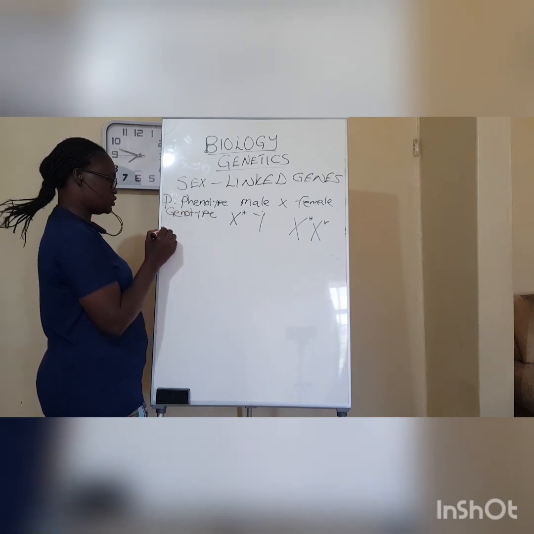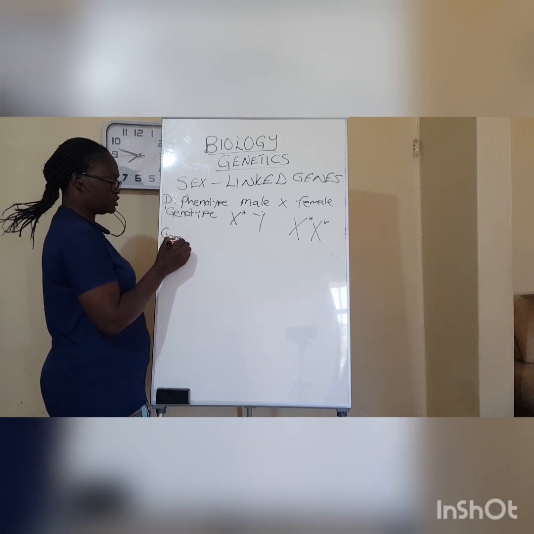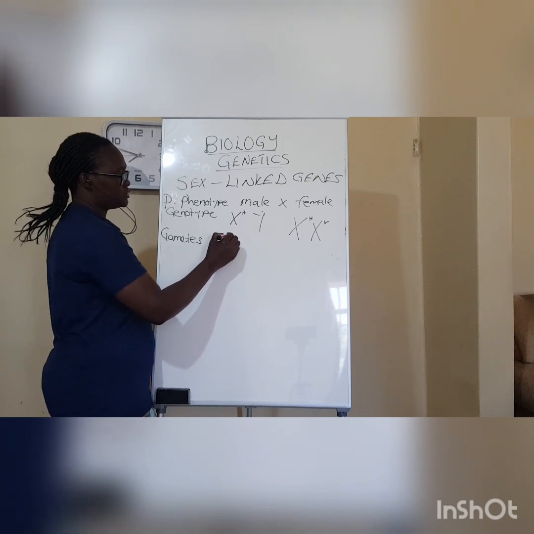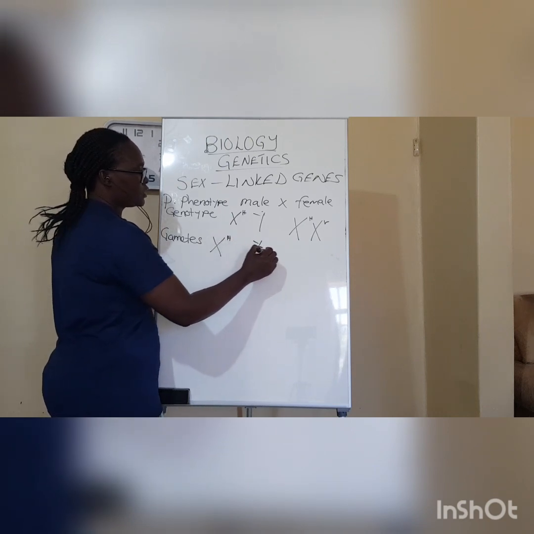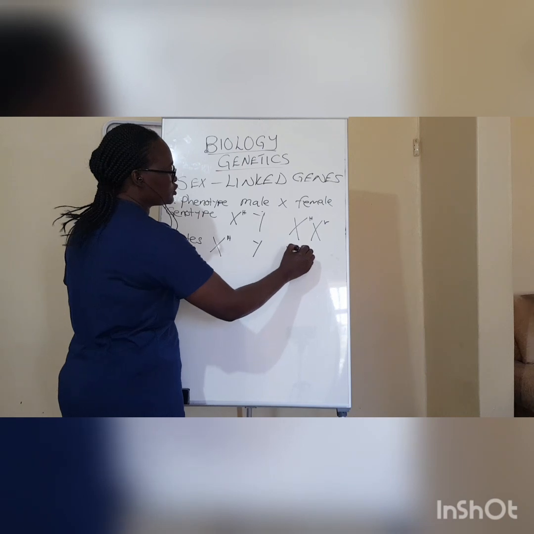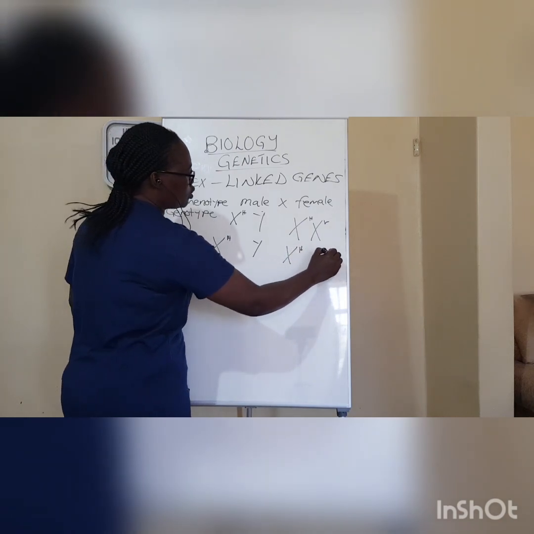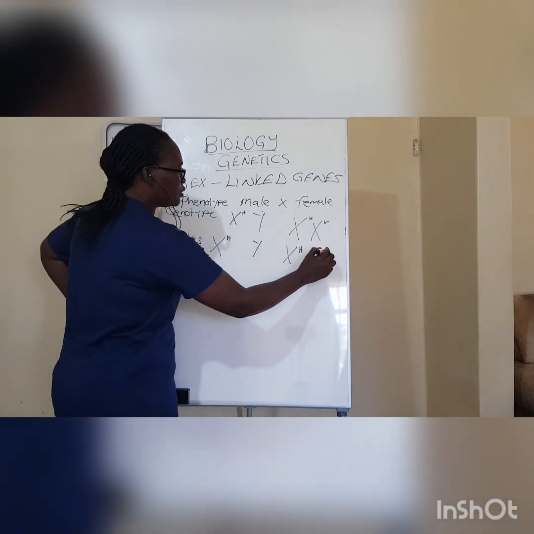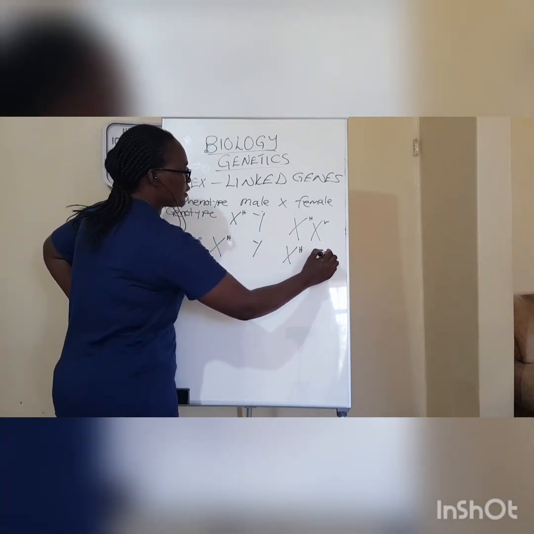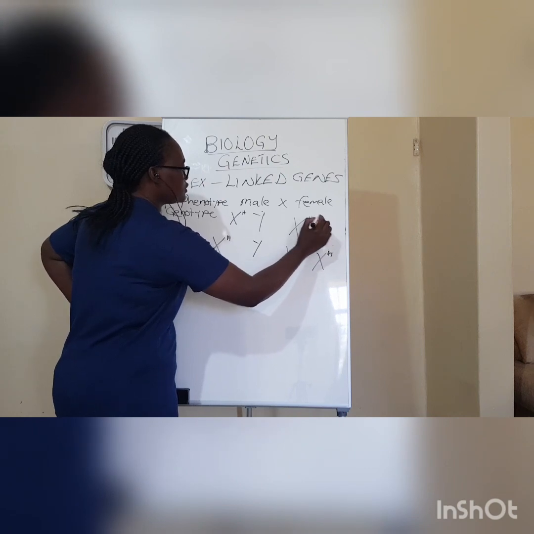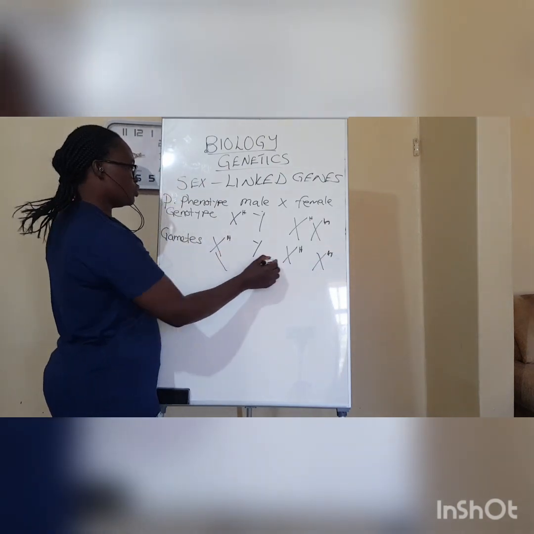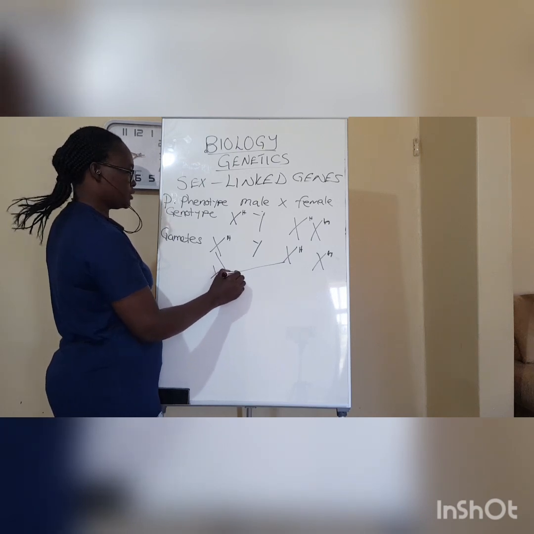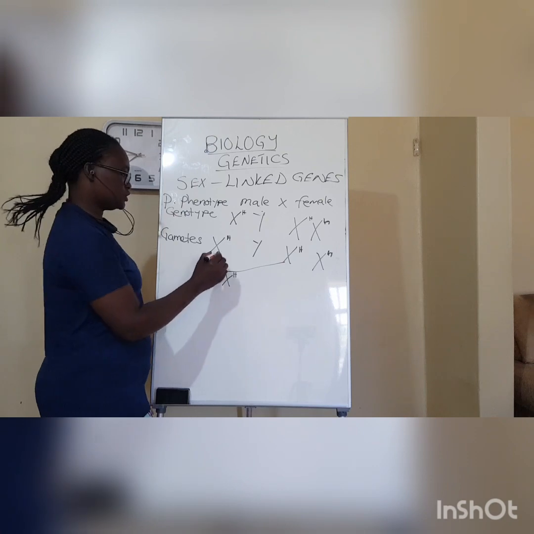Then we have gametes. Meiosis takes place, we have gametes. We simply separate them. X capital H, X small letter h, a small letter h. So this one goes with that one. We have a female child who has 2 capital H, isn't it?